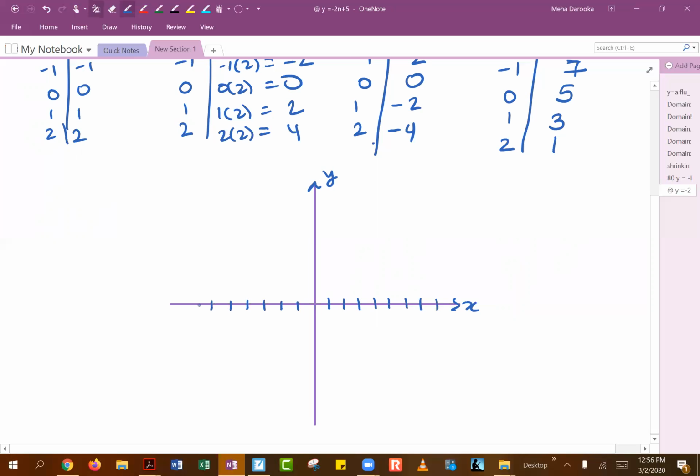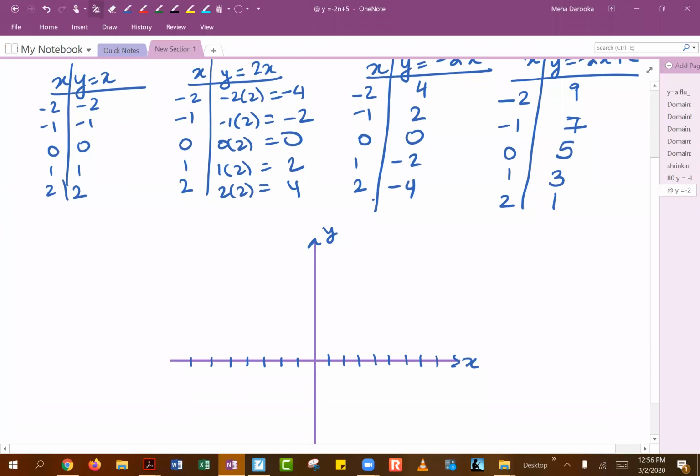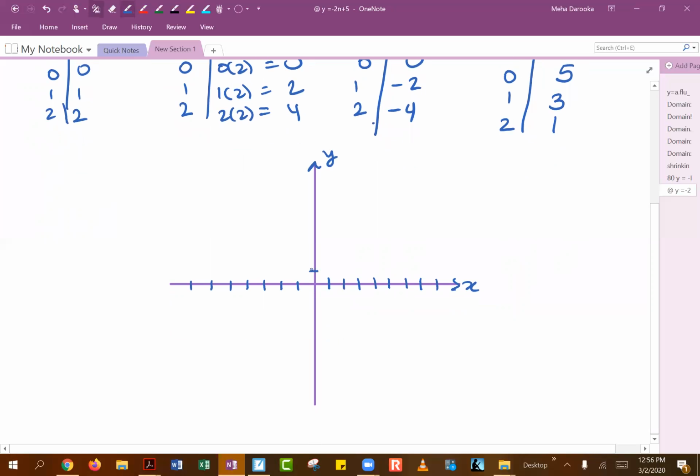The y equals x function and then the negative 2x plus 5. If you want to do all of them, you're definitely welcome to do all of them.